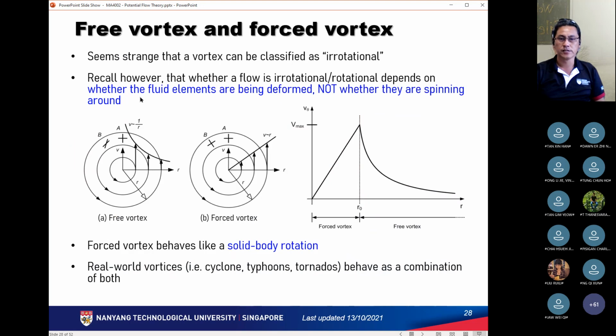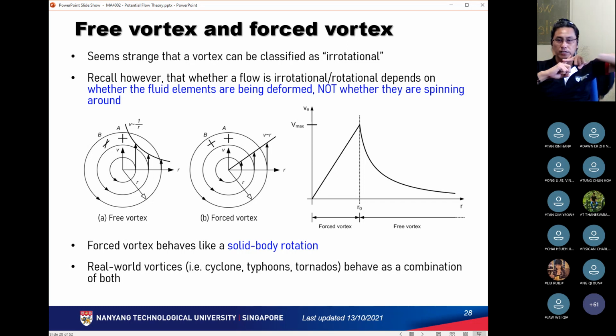So let me introduce another vortex called a forced vortex. Unlike a free vortex, which is a potential flow entity, a forced vortex is not a potential flow entity. If you have a free vortex that's spinning, and let's say I've got two pieces of stick arranged at 90 degrees, as shown in A, due to the deformation within the flow, these two sticks will start to undergo angular deformations.